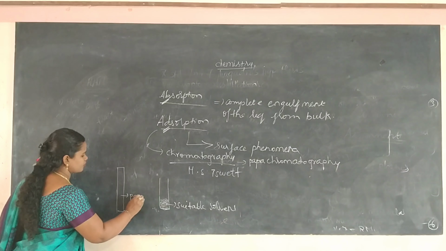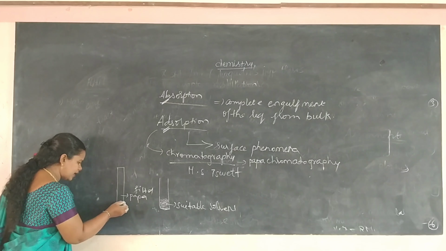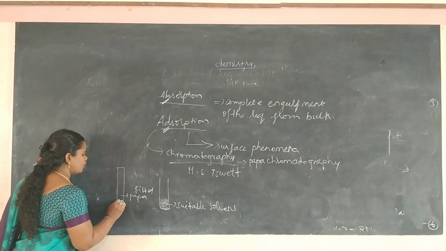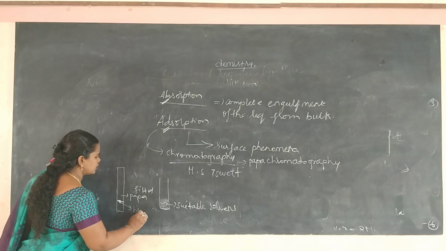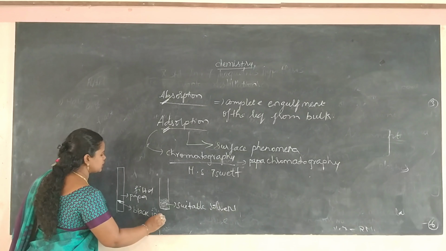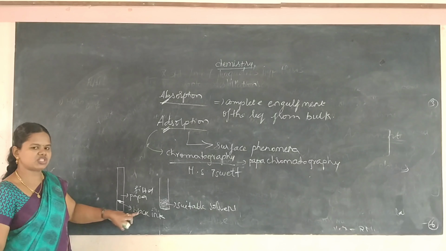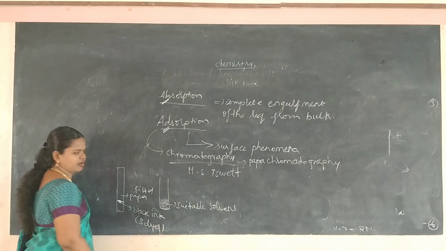On it you mark a line, and then you put a black ink, and the black ink will have 3 dyes. A black ink is a mixture of 3 dyes.